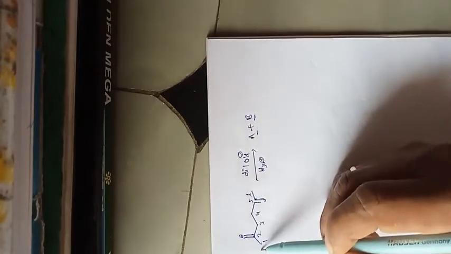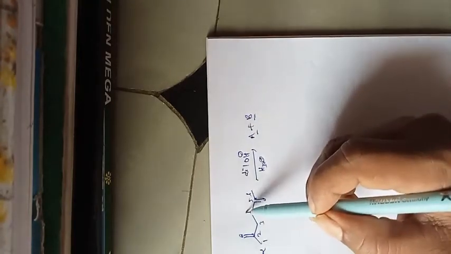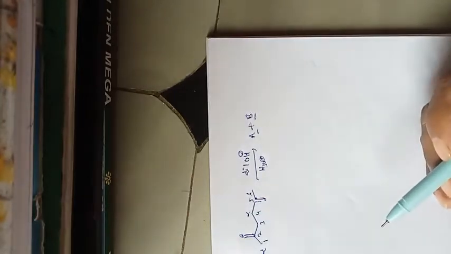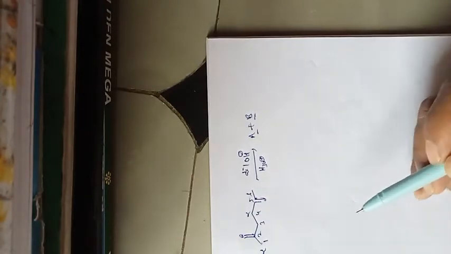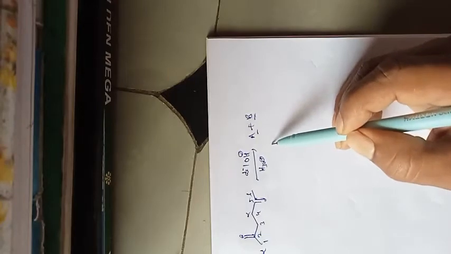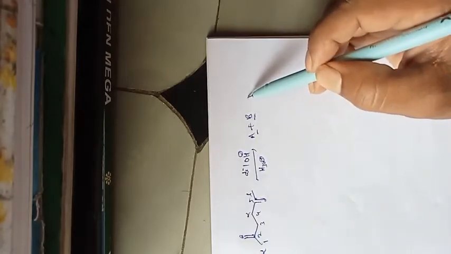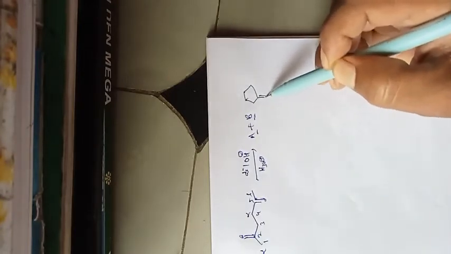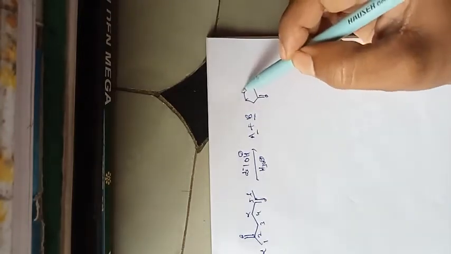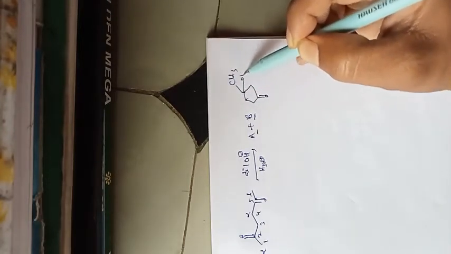Because you can see here, this is an alpha hydrogen and this is also an alpha hydrogen. So there are two types of product, but the 5-membered ring is the most stable. So what is the product? This is the 5-membered ring cyclization, with CH3 here and OH here.